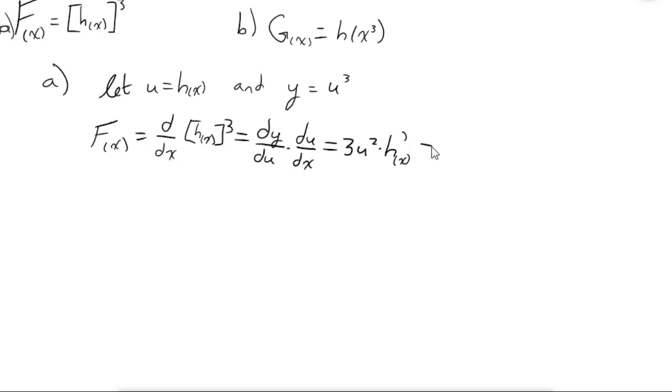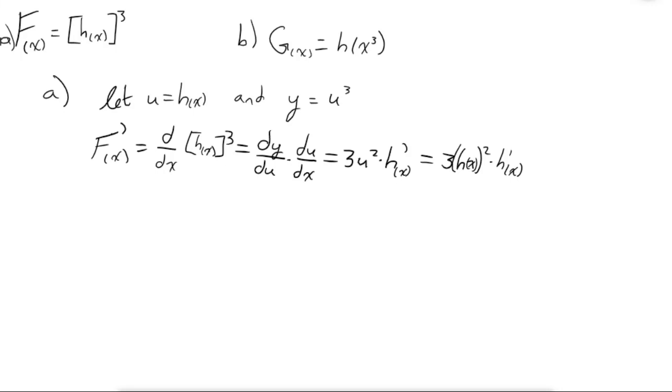And so substituting back in that u, we find that the derivative of big F of x is equal to 3 multiplied by h of x squared multiplied by the derivative of h. And that's our answer. That's as far as we can go with that, because we don't have an actual value for the function h of x.